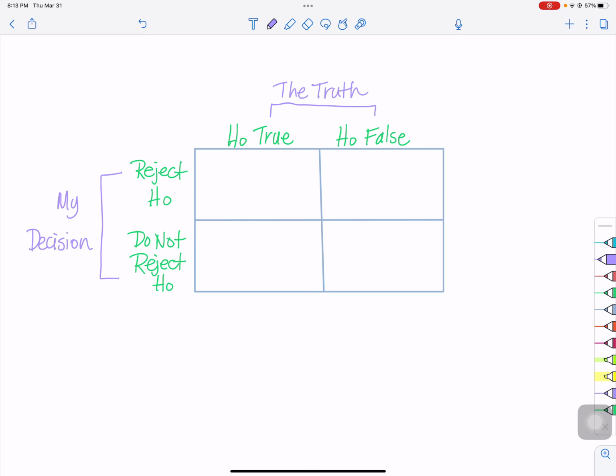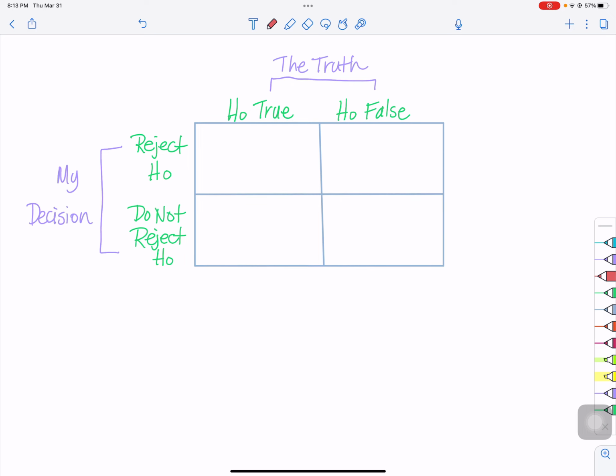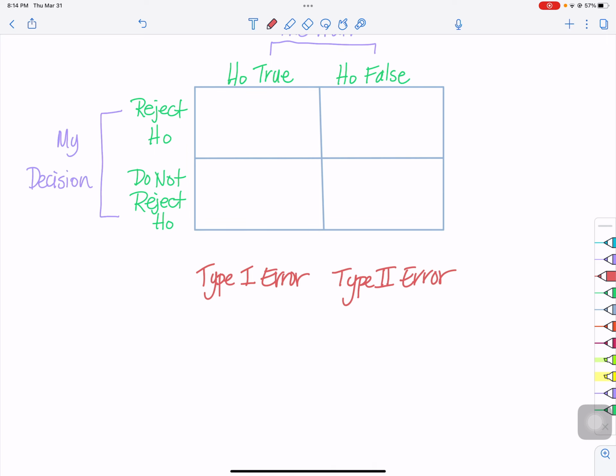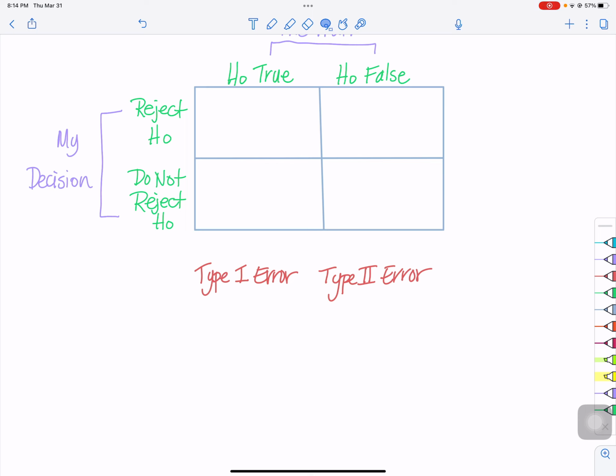Okay, so how are we going to come up with filling in this table? What I'm going to be asking you to do is to tell me which one of these decisions is a type 1 error, which is a type 2 error. And then what about a correct decision?